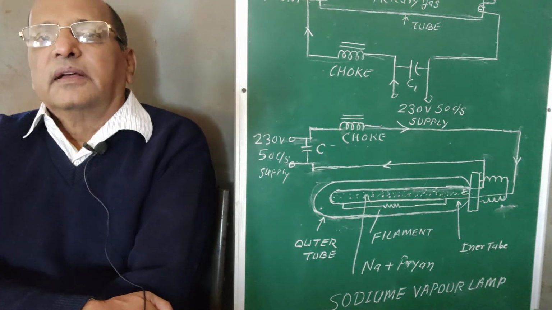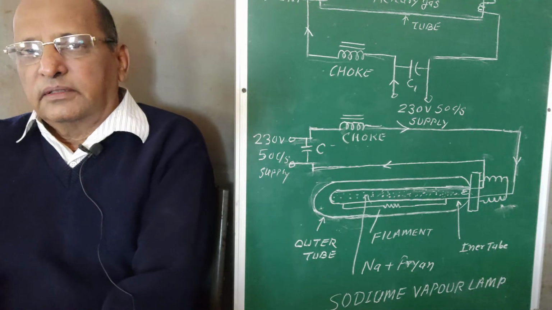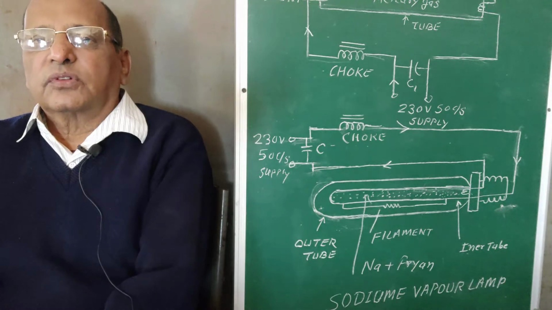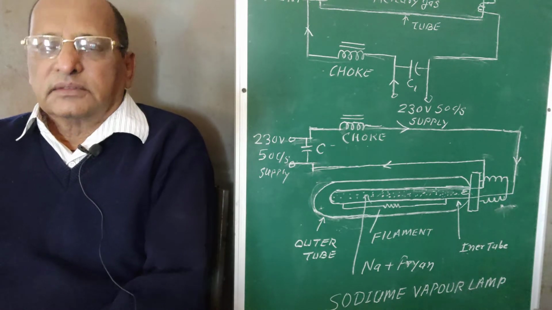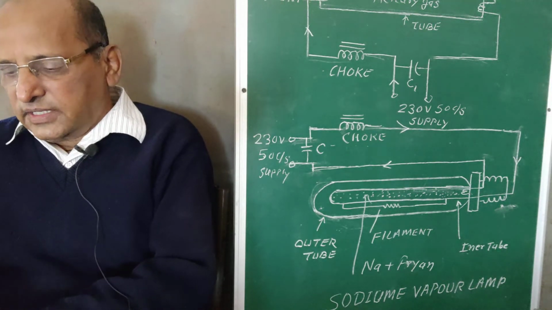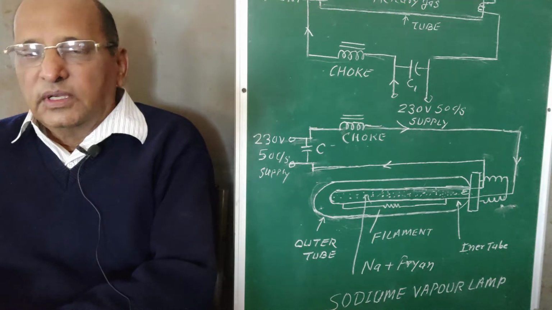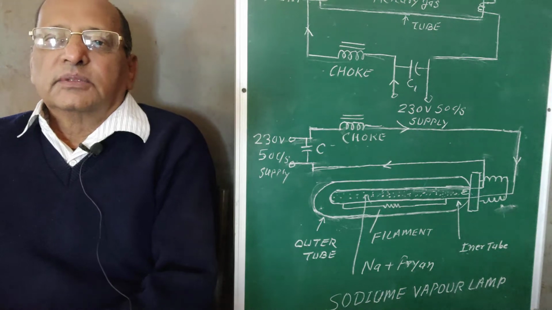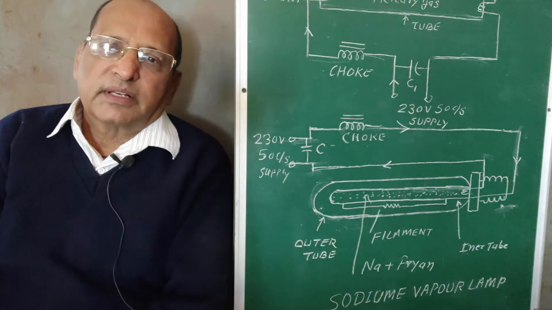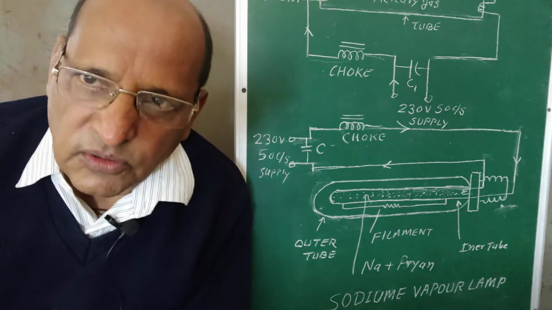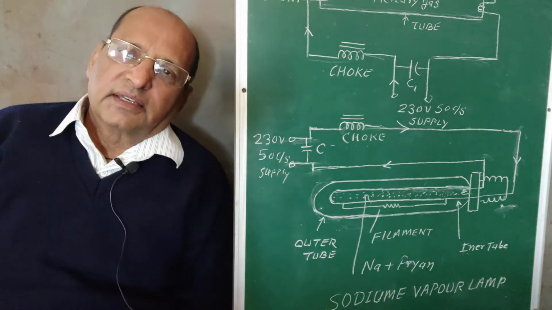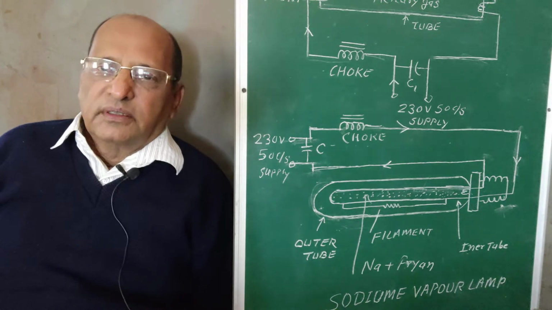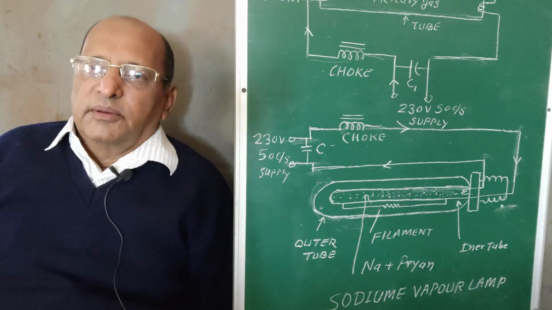The choke provides about 180 volt to the lamp, and gas discharge takes place inside the inner tube and across the filament, and the lamp starts glowing. It takes a few seconds to get full illumination.